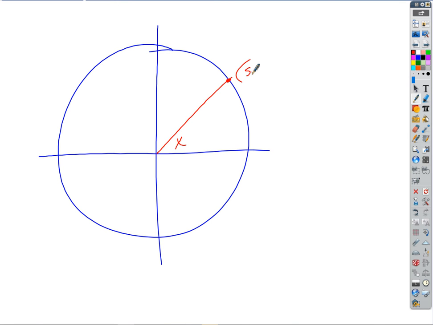Cosine of x and sine of x. If I make a right triangle out of this, the horizontal length is cosine x and the vertical is sine x. The picture says it all. It's a unit circle, so what's the hypotenuse? 1. What's that tell you?